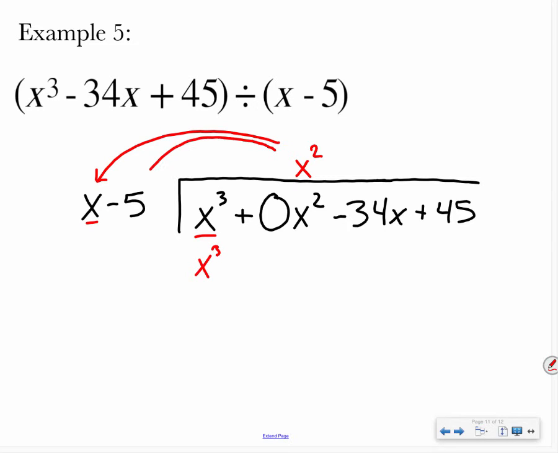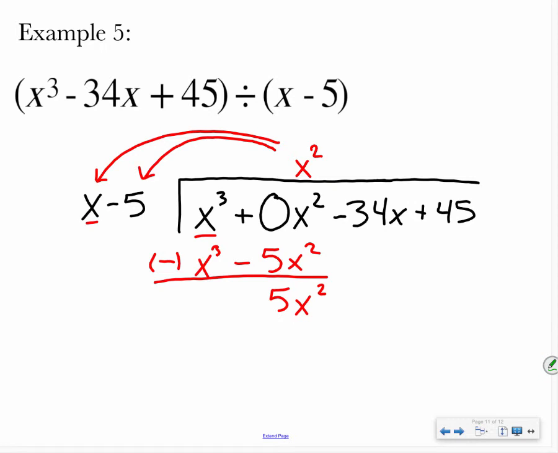And then x squared times negative 5. That gives us a minus 5x squared. Let's do our subtraction. So x cubed minus x cubed, those go away. 0x squared minus a negative 5x squared. So that becomes 0 plus 5x squared. So we're left with a positive 5x squared.